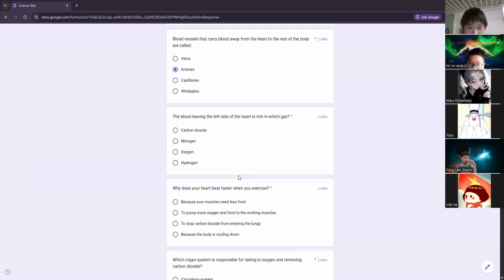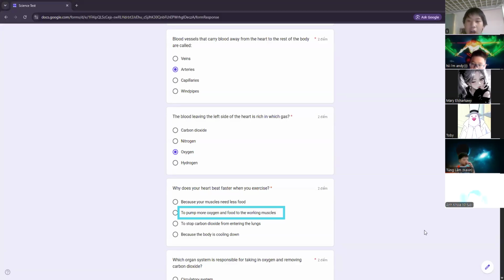It's the more important side of the heart. Now, why does your heart beat faster when you exercise? Can anybody tell me? Anyone? Why does your heart pump faster when you exercise? I think it's to pump more oxygen. Yeah. During exercise, you will face something known as an oxygen debt. An oxygen debt is exactly what you think.